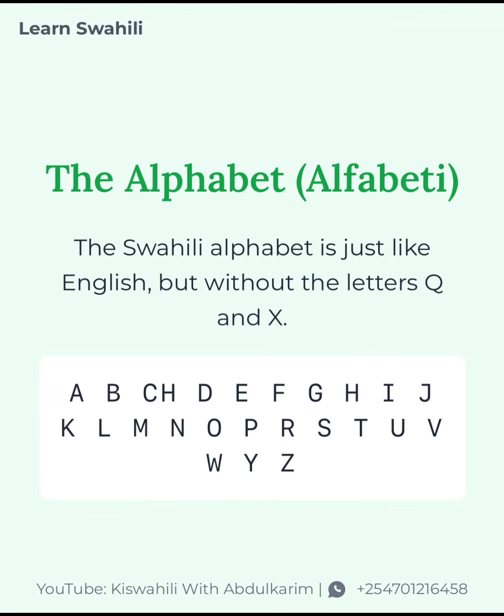We have a combination of S and H, it is sha. We also have a combination of N and G, and this is nga. Also a combination of NG and an apostrophe, and this is read as nga.